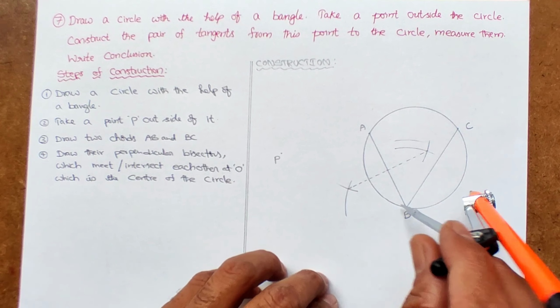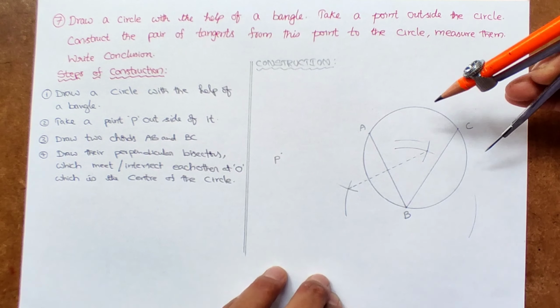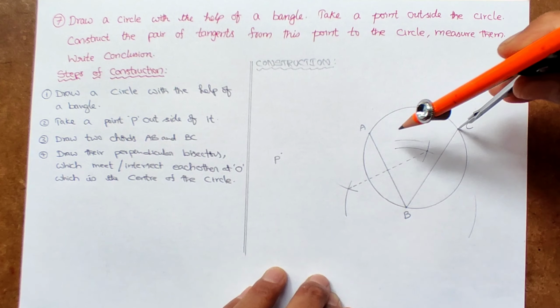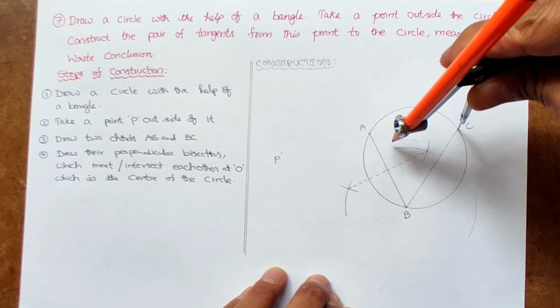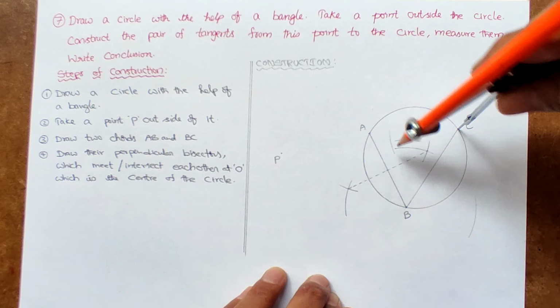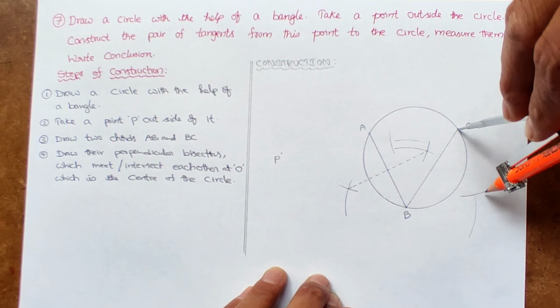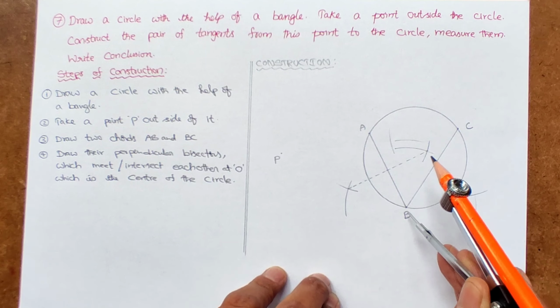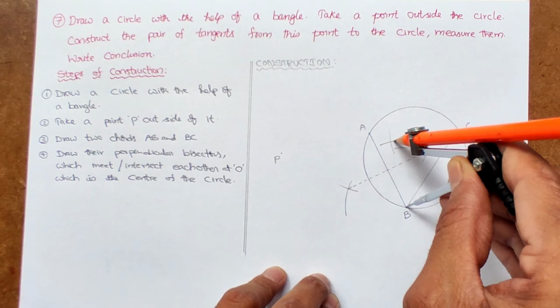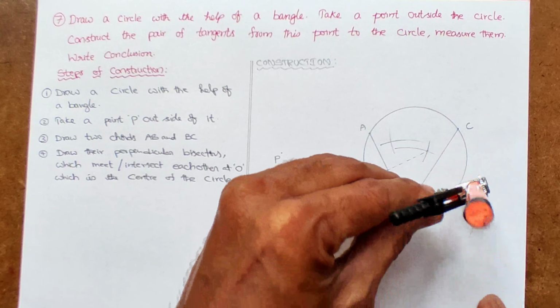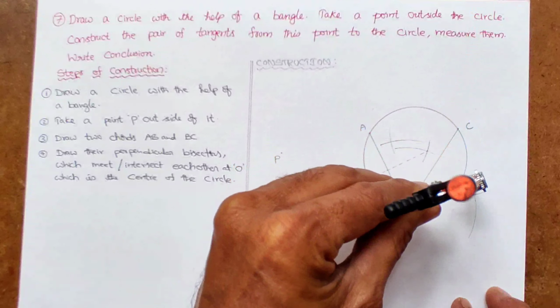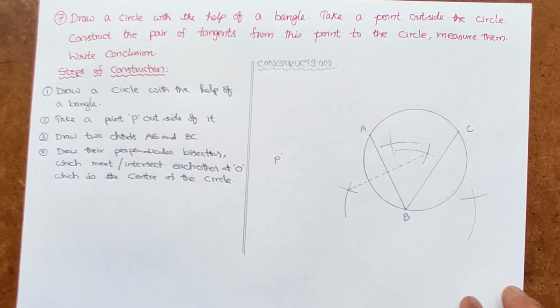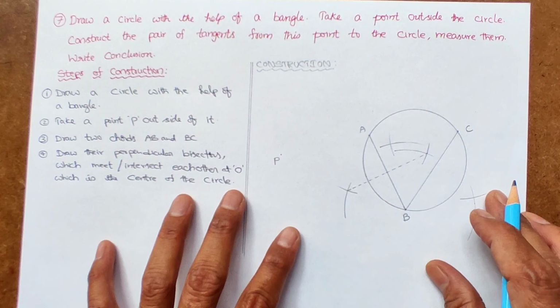Same way with the same radius, I am taking here C as center, which cuts the previous arc. Which is not cutting, so just I am extending once again from B. Yes, and this side also let us extend. Now here let us join these 2 points.